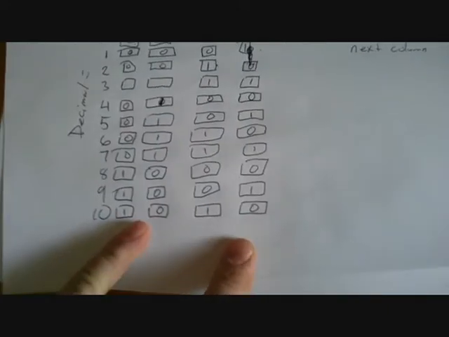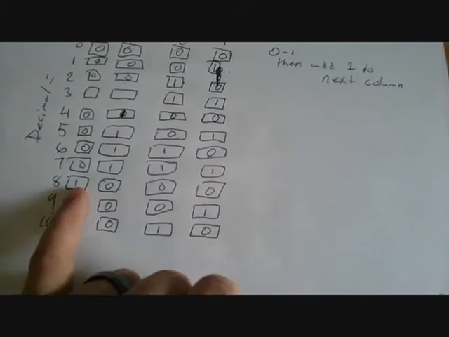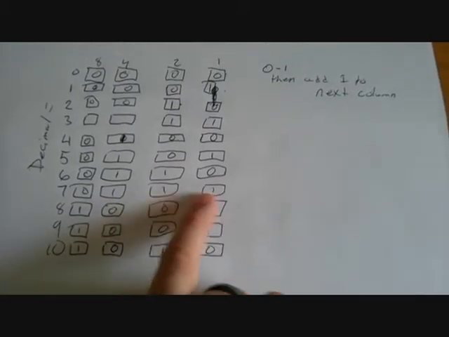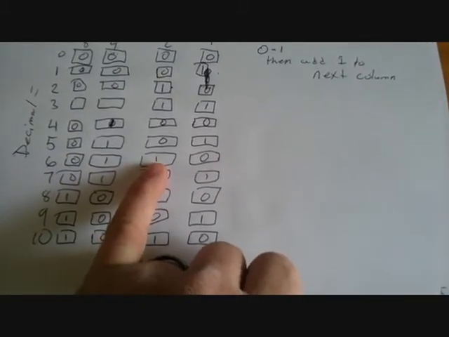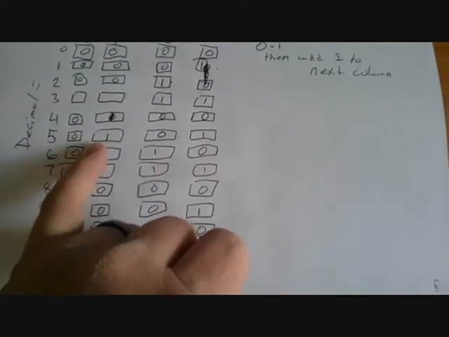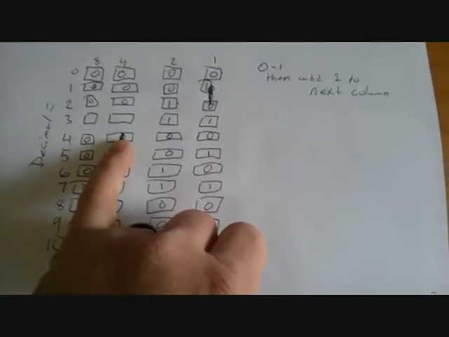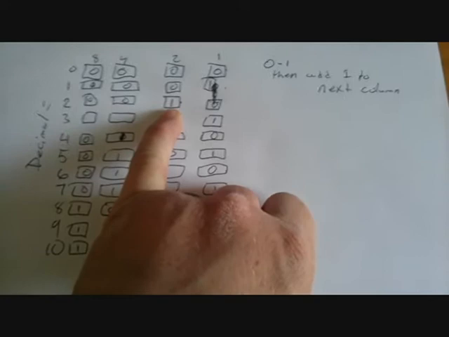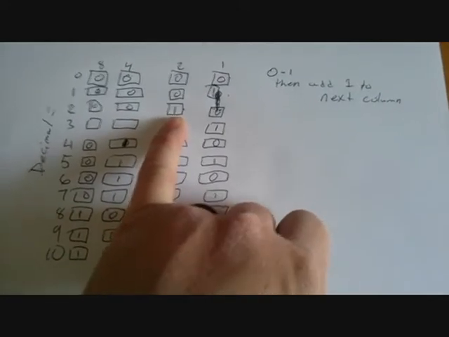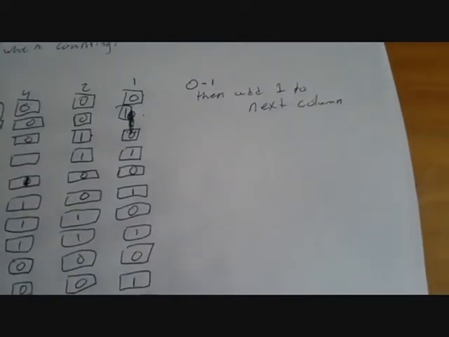To make 10, we use the eights column and the twos column. 8 and 2 equals 10, 8 and 1 equals 9, 8 is 8, 4, 2, and 1 equals 7, 4 and 2 equals 6, 4 and 1 equals 5, 4 is 4, 2 and 1 equals 3, 2 equals 2, and 1 equals 1. Again, 0 through 1, then add 1 to the next column.